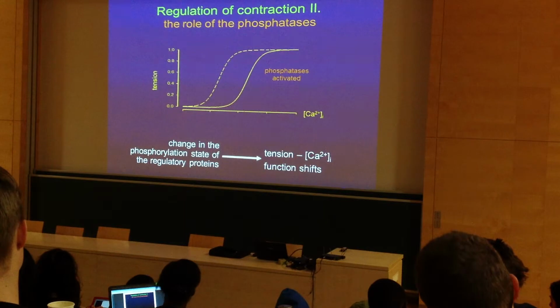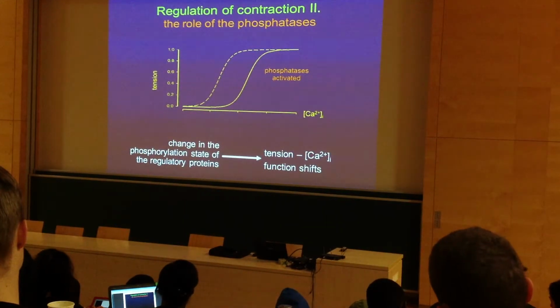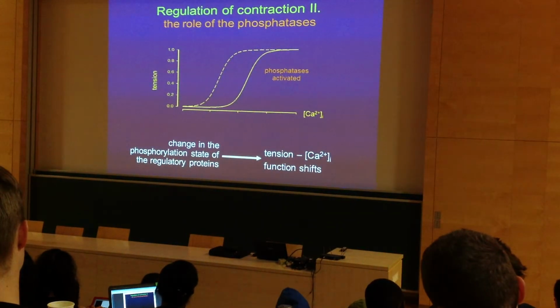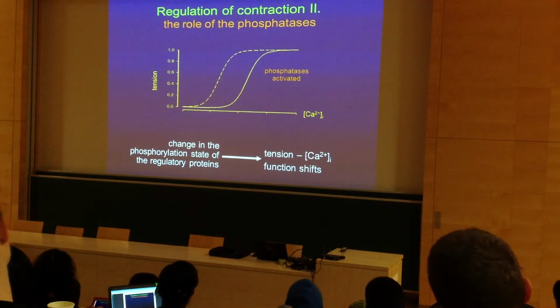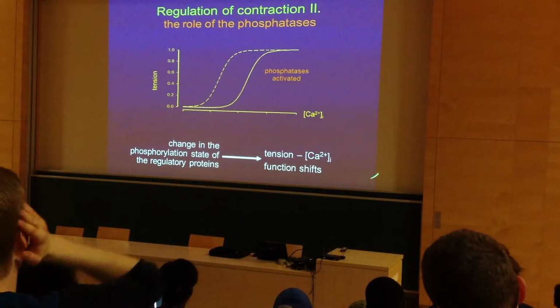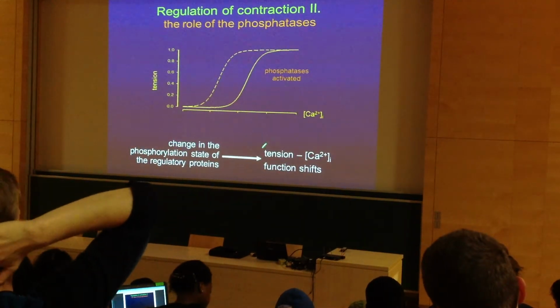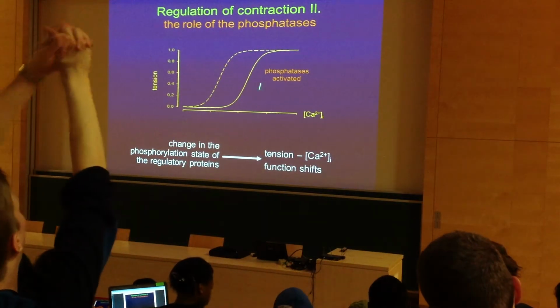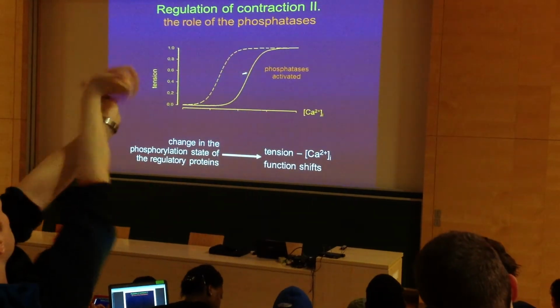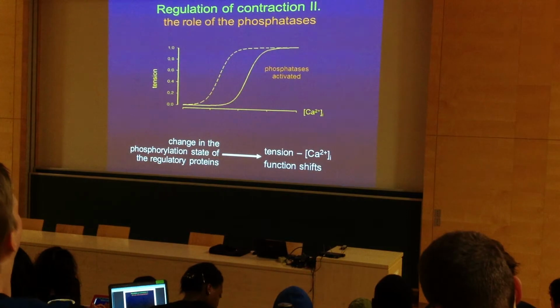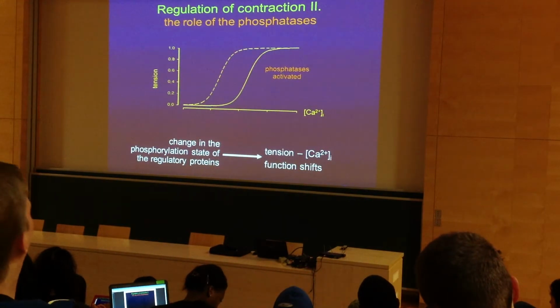It activates phosphatases and relaxes the smooth muscle without anything to do with calcium. Okay, so again, the tension versus calcium function shifts as the phosphatase is being activated or stopped.